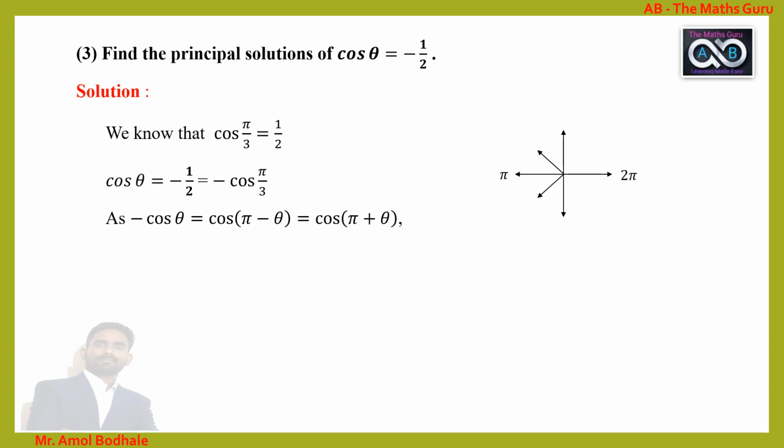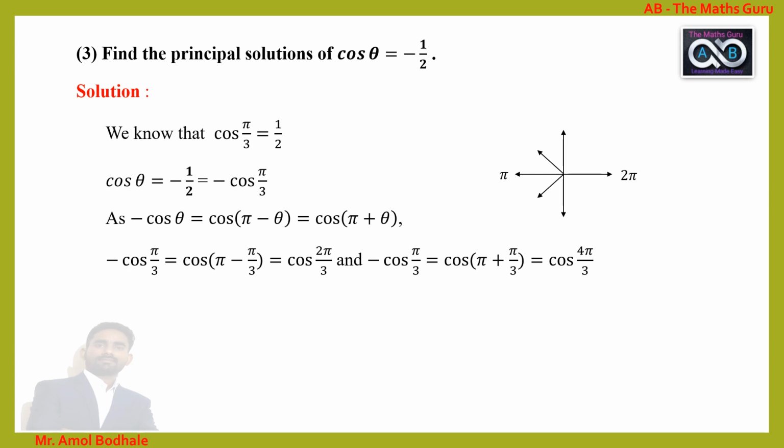That means we are converting this negative angle in terms of positive cos angle. So therefore this minus cos pi by 3 can be written as positive cos of pi minus pi by 3, that is equal to cos of 2 pi by 3, and minus of cos pi by 3 can be written as cos of pi plus pi by 3, that is cos of 4 pi by 3.